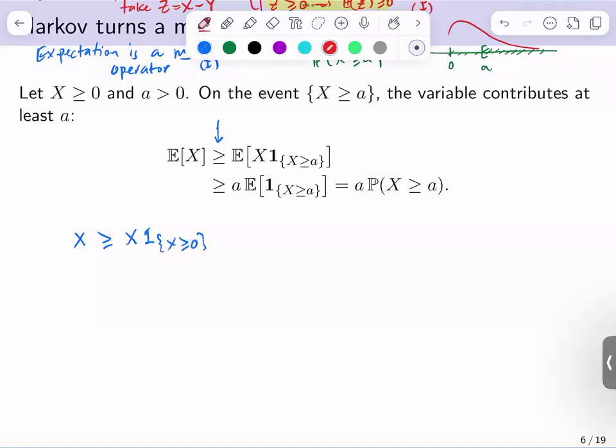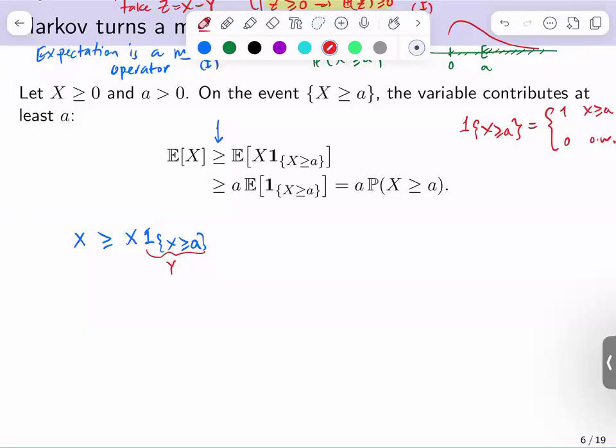This indicator notation is saying this is a random variable which takes value 1 if x is bigger than or equal to a, and 0 otherwise. That is what this random variable is.